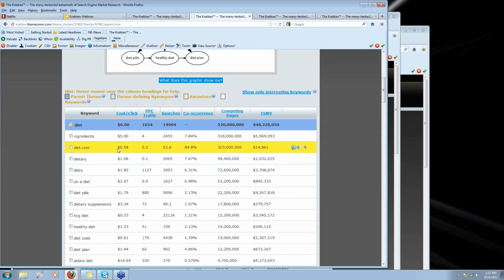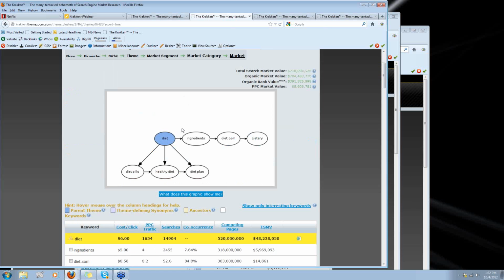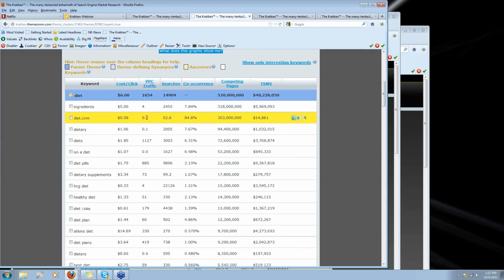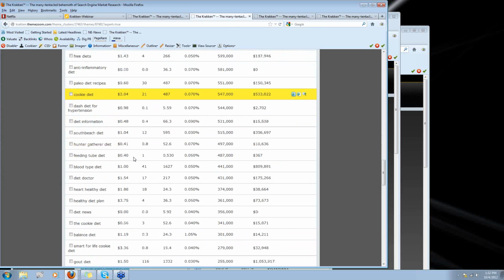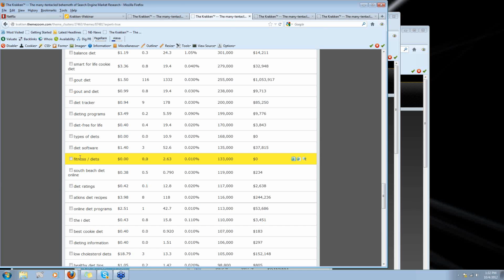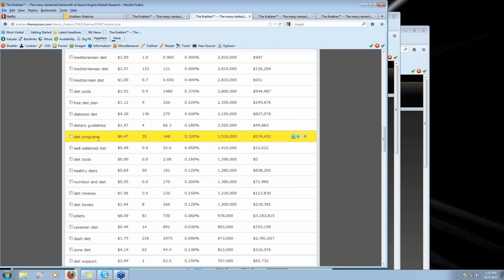Because the seed term isn't too terribly expensive, you get a whole bunch of keywords down here. You even get a few keywords in here that don't have any cost per click. But I can tell you right now, the reason this got included is because diets is basically a long tail.